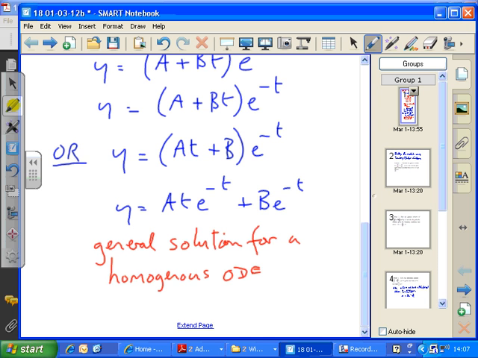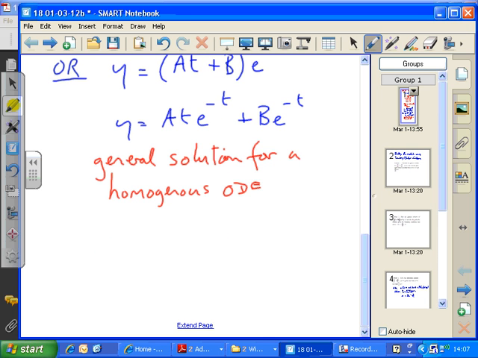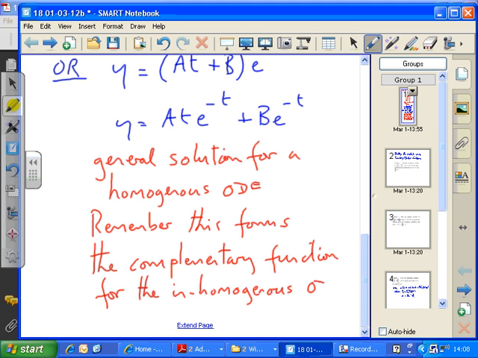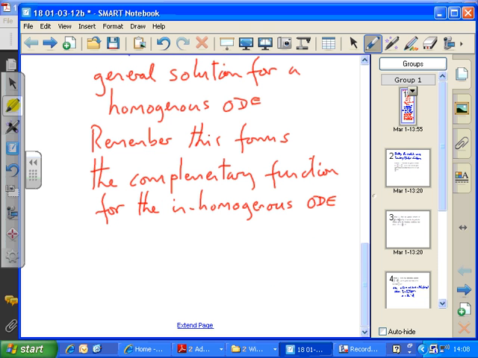And remember, this forms the complementary function for the inhomogeneous ordinary differential equation, which we're coming to.